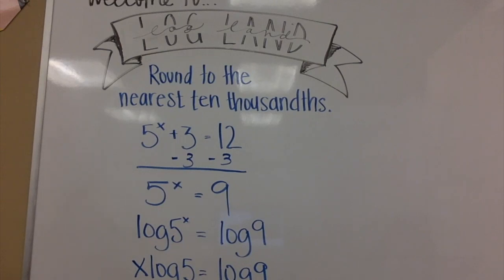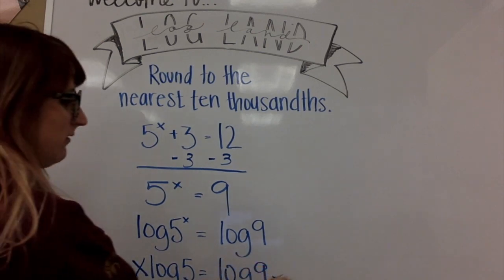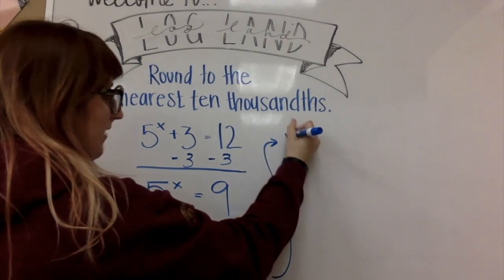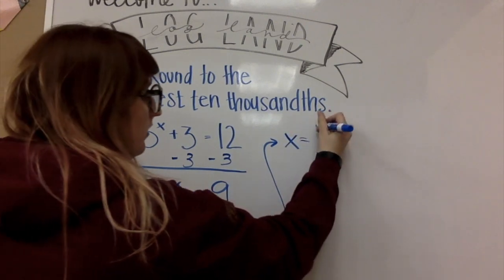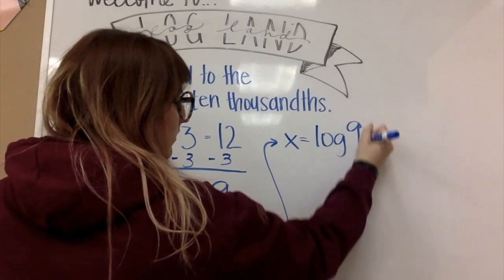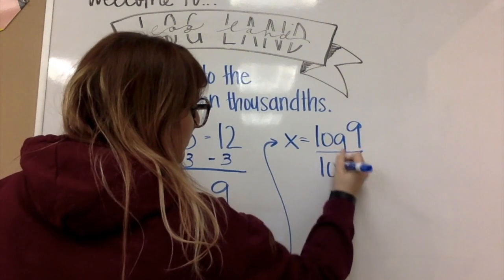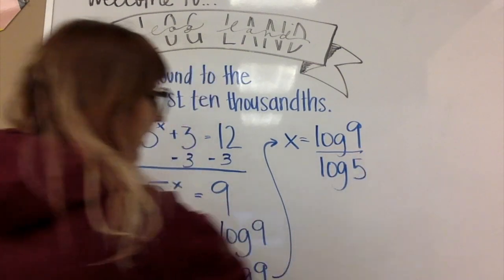And then the next step is I'm going to isolate x by dividing both sides by log of 5. So I'm going to write it up here. So I'm going to have x equals log 9 divided by log 5.